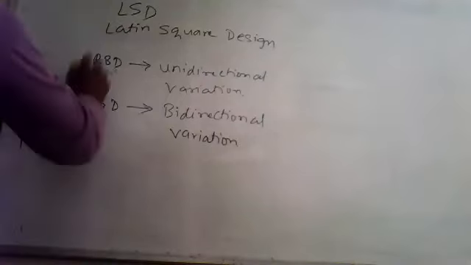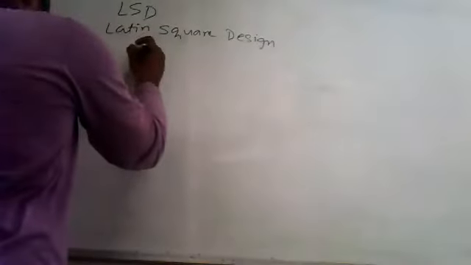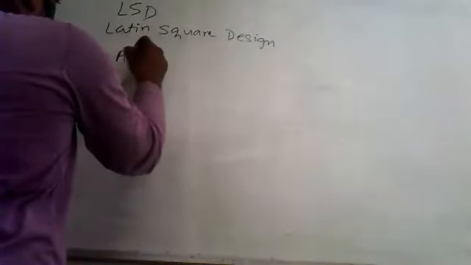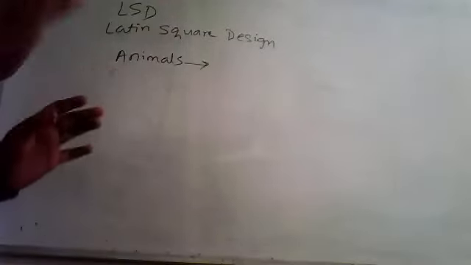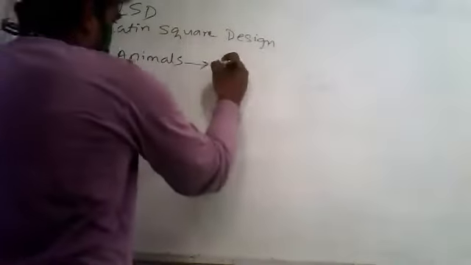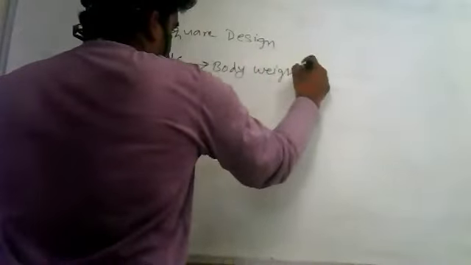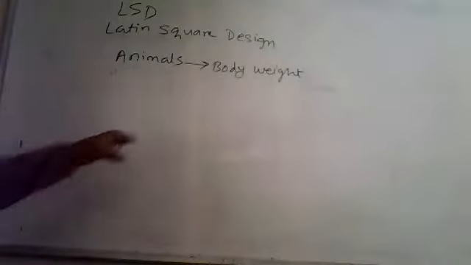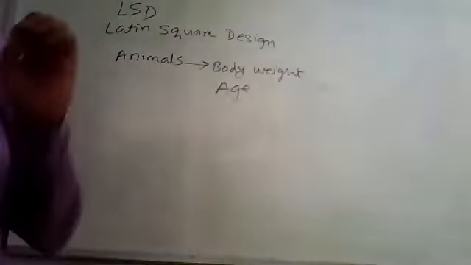ठीक है. For example, experiments on animals. Suppose animals are showing variation in two characteristics. One is body weight and second is age. ठीक है.